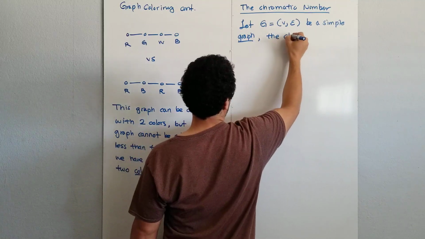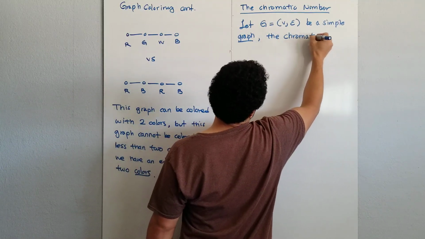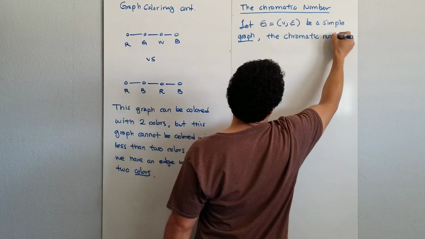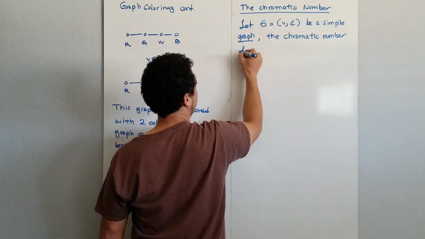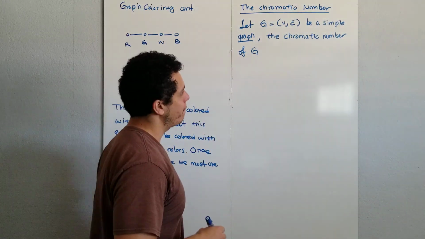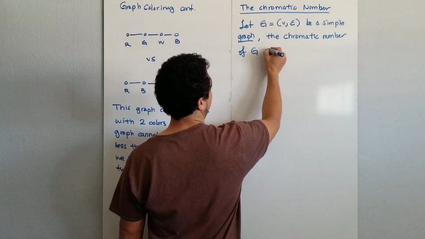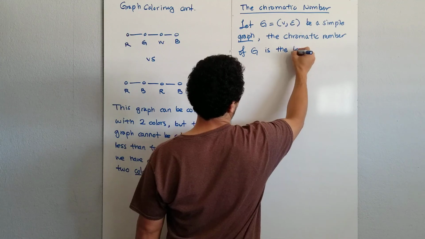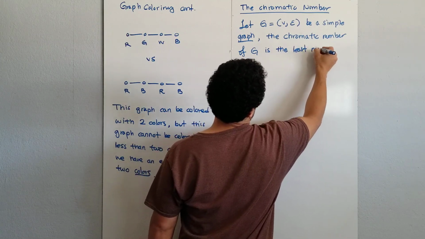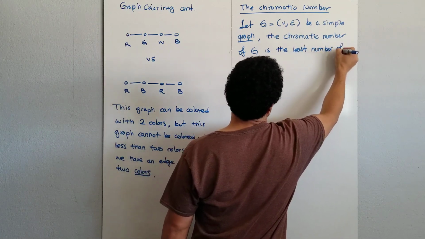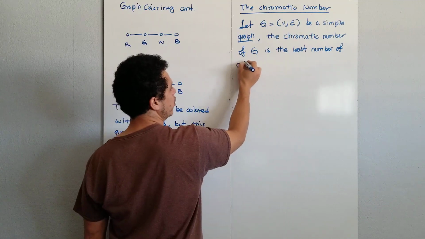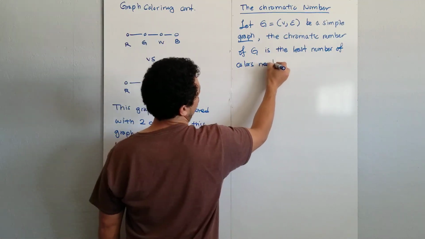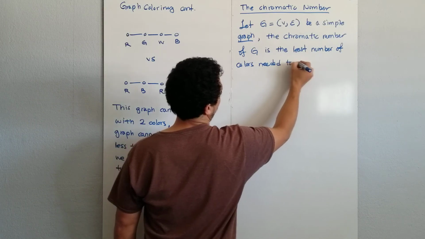The chromatic number of G is the least number of colors needed to color G.